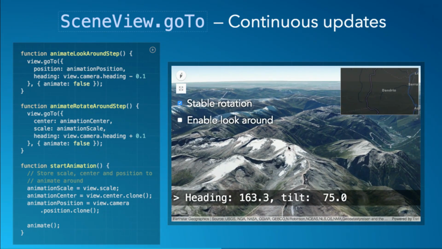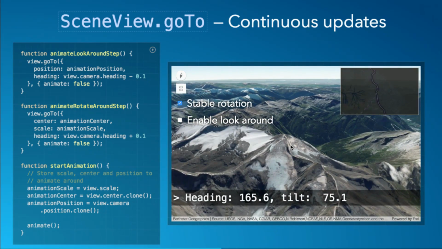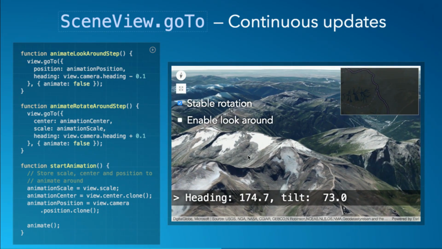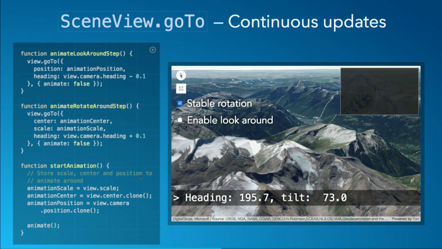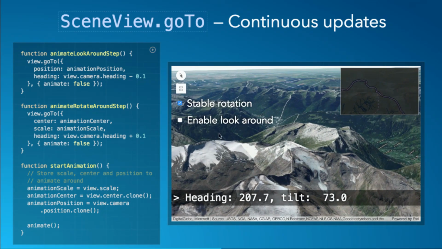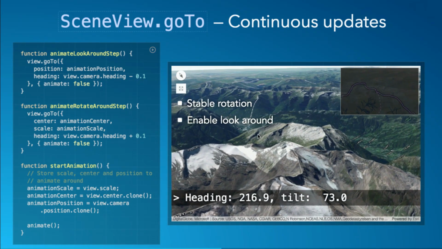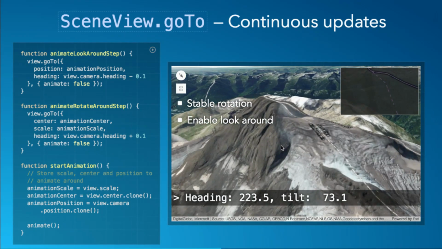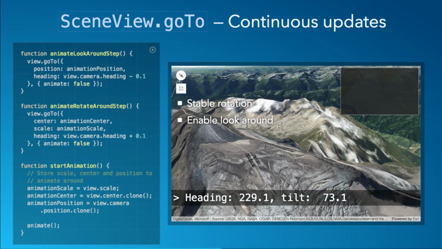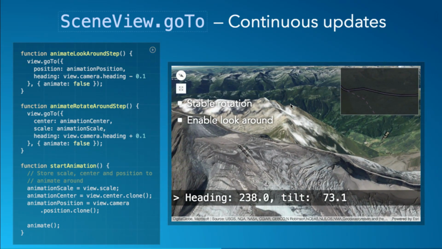There's one other thing that I wanted to show, which is that if you want to do this kind of rotation, it's best to preserve the current scale and center of the view while changing the heading. If you don't do this, because of the way that we have to compute the center, let me try to explain.